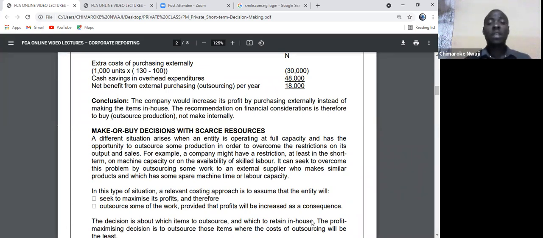Now, if the company is operating at full capacity and has the opportunity to outsource some production in order to overcome the restriction on its output and sales, the company may take that option. So it means that if you are having a scarce resource, or if you are working at full capacity, let's say, for example, you are producing, I'll be using Star in this class today.